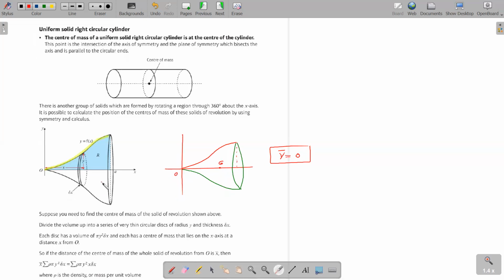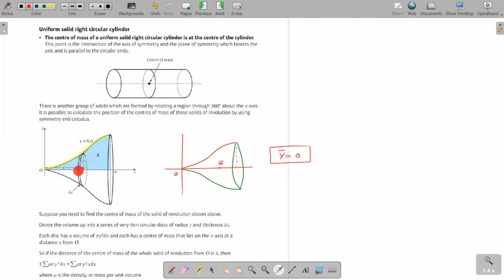Okay, so you can see here what they're saying. To find the center of mass of the solid of revolution, this time when you're breaking the strips, can you see the way they've broken the strip? It's delta x, and the strip is not just a rectangle now, because you can see the strip is going all the way to the other side. So you basically have a disc. It's not just a rectangle because it's not a 2D object. Now it's a 3D object.